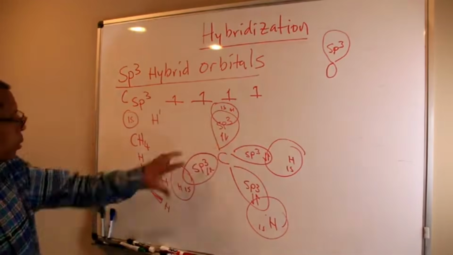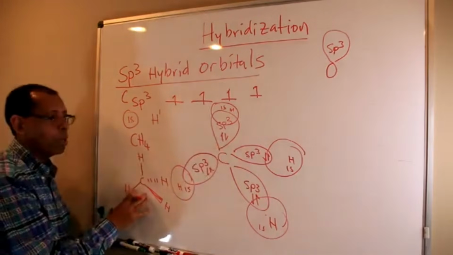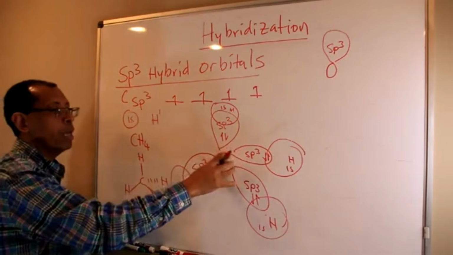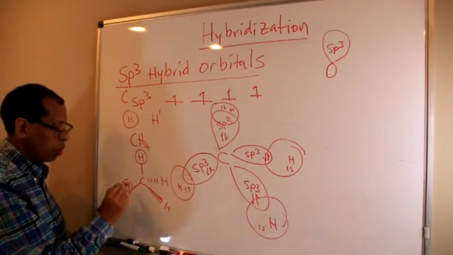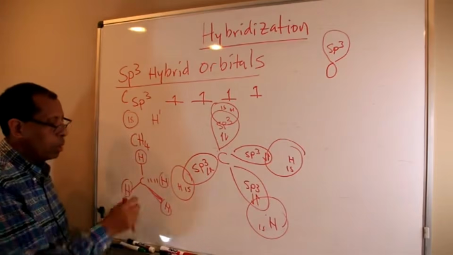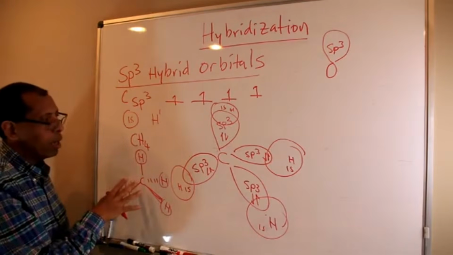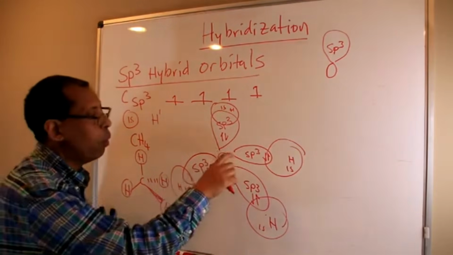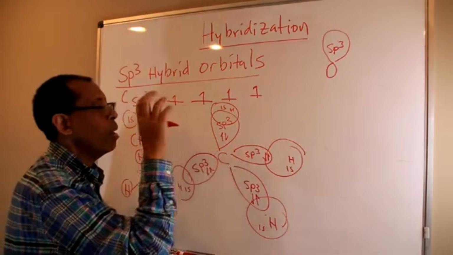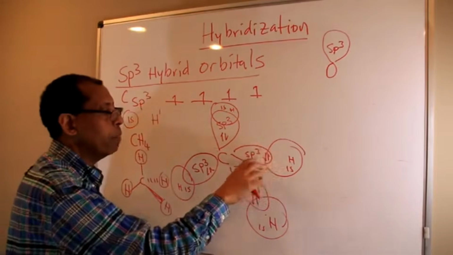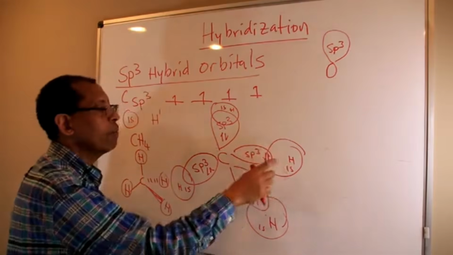This is actually what this molecule looks like when you see it in hybrid orbitals. So this is 1H, this is 1H, this is 1H. So methane is actually made from 4 sp3 orbitals that are overlapping or making bonds with 1s of the hydrogen.